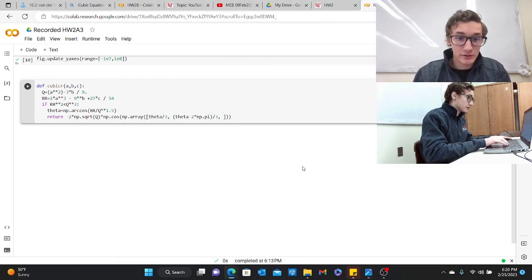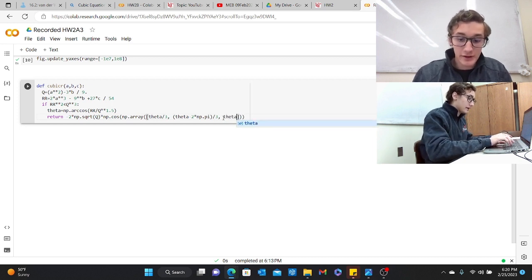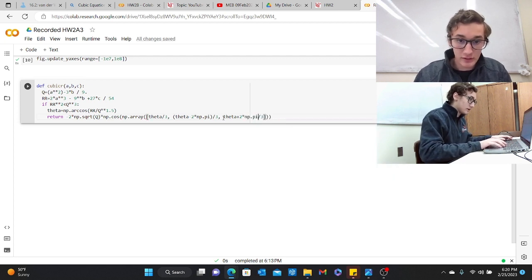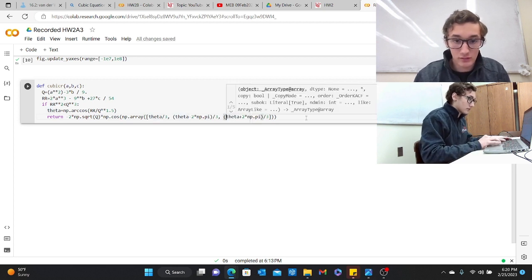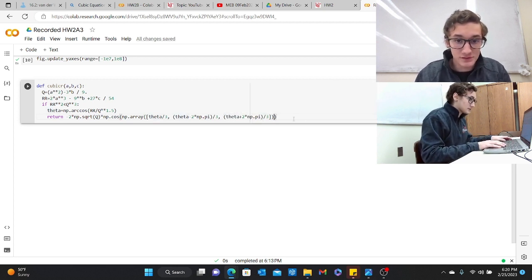Now the third root is going to be the same thing. We're going to add. So it's going to be theta plus 2 times np dot pi divided by 3. We're going to do that real quick. Okay. Let's just look at where these parentheses go. So this closes the array, and this, so does the parentheses.